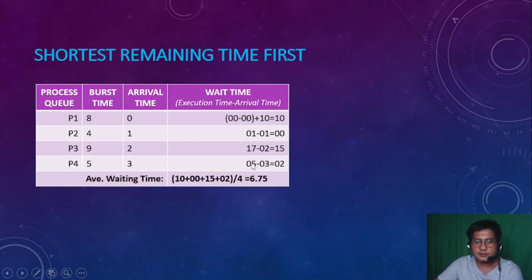So that is why we have here 5 execution time and minus 3, since the arrival time of process 4 is 3. So we get 2 waiting time for the process 4. Now to get the average waiting time, we have to sum 10 plus 0 plus 15 plus 2 and then divide by 4. This 4 comes from the total number of processes we have in this example. We have P1, P2, P3, P4, that is equivalent to 4 processes.